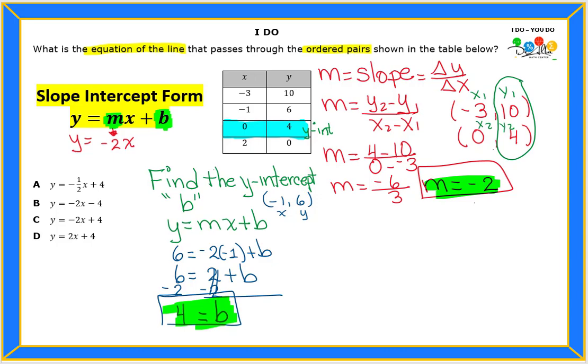So I will finish my equation by writing +4. If b was negative, I would need to write minus as an operation. Since b is positive, I write a plus. So let's look at the answer choices. My answer choice for this will be letter C. Very good.